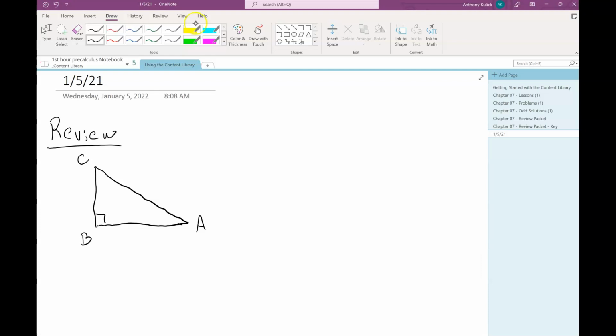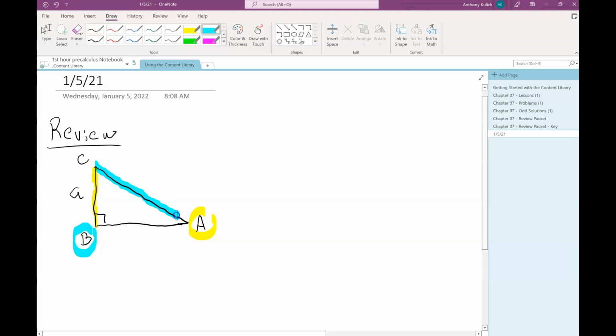The side opposite angle A would be this one, and we'd name that with a lowercase a. The side opposite angle B is this one, which we name with the lowercase b. And the side opposite angle C is this one, which we name with the lowercase c.